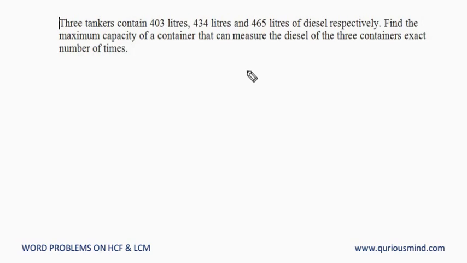Again, we need a container which will exactly measure 403, 434 and 465 liters, which means the container's capacity should be a factor of these numbers. And it has to be a factor of all the numbers, which means a common factor. Also, we want maximum capacity, which means we want the highest common factor. So let's find the HCF of these numbers.